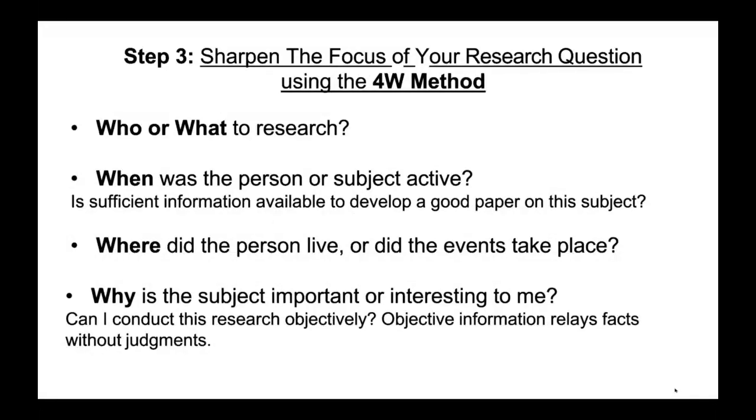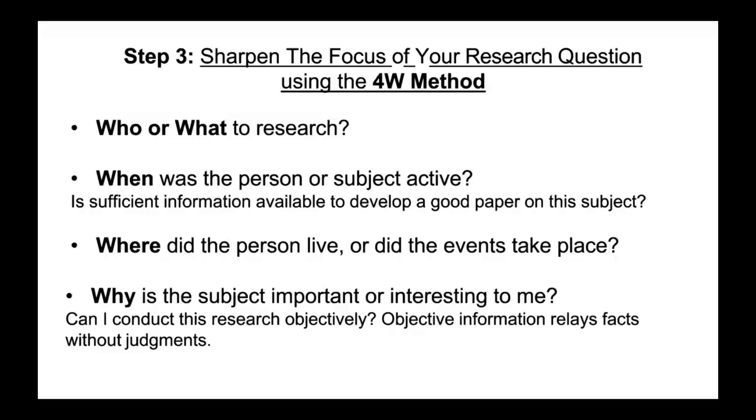All right, so now we get to step 3, to sharpen the focus of your research question using the 4W method. The 4W method is who or what to research. Who or what go together, because it could be a person or an actual subject. Next, we can think about when was a person or subject active.